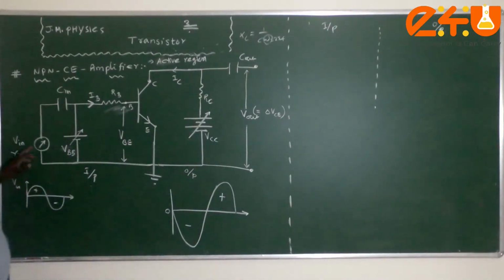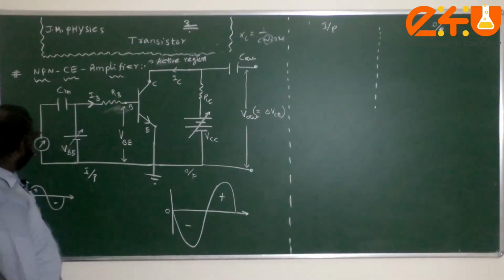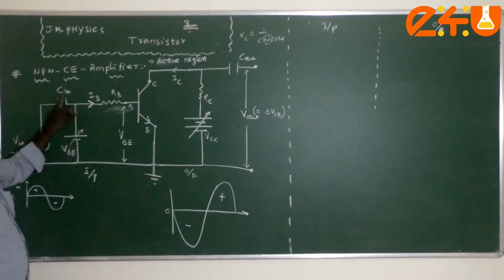Yes. Now the input signal, the sinusoidal weak signal which we have to amplify, is given to the input part of the circuit. If this contains any DC component, that will be stopped by the input capacitance.